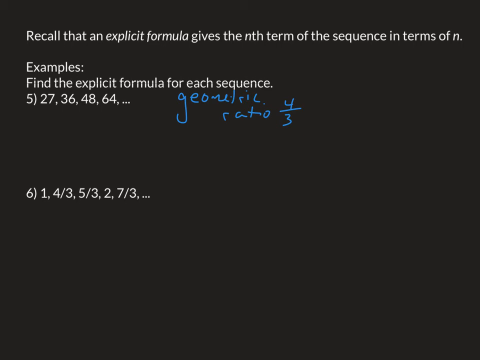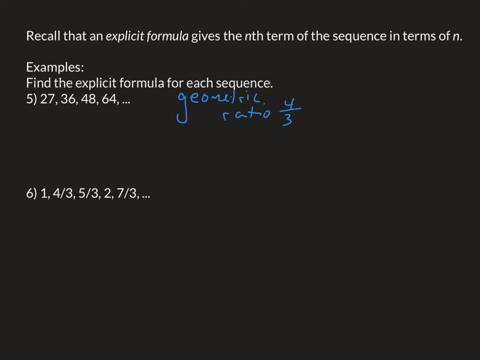So in order to find the nth term, I start with the 0th term, and then I repeatedly multiply that by 4/3, n number of times.